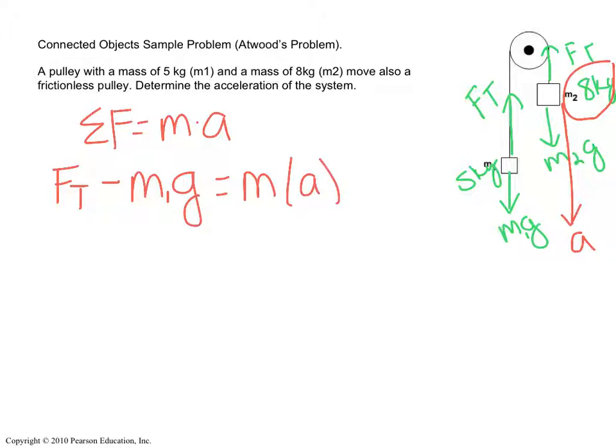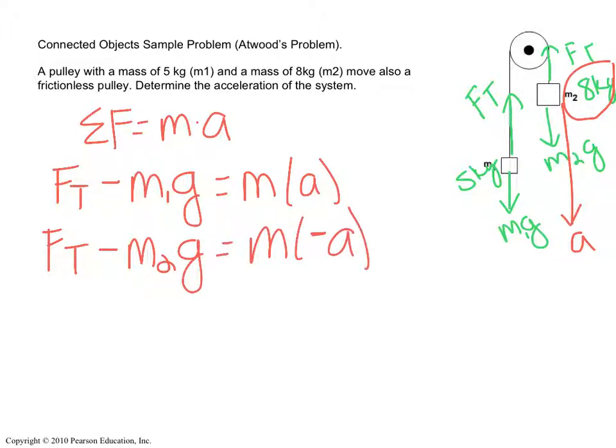Really important to make that distinction. All right, so for the other side, I have my force of tension minus m2g, because it's going down, equals mass times acceleration. And now we have negative because it's going down. So this initial setup is very important.